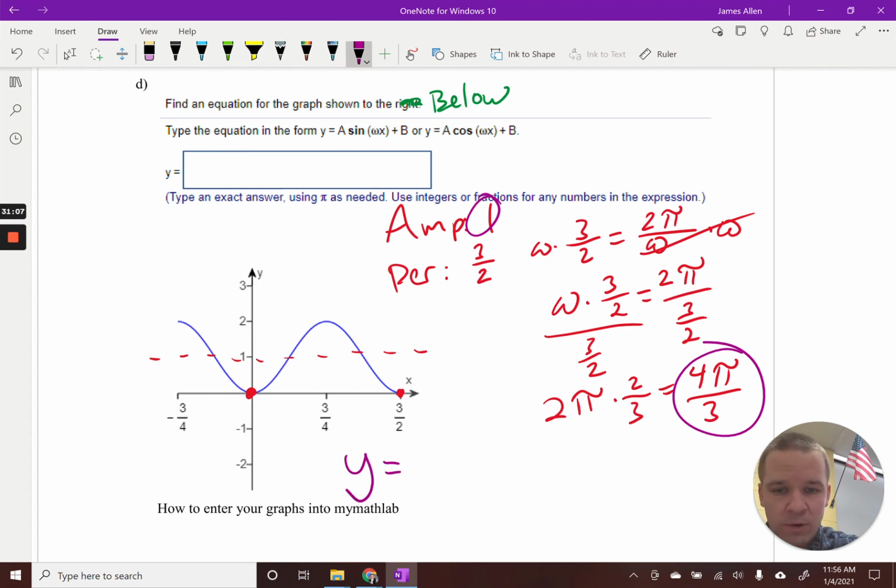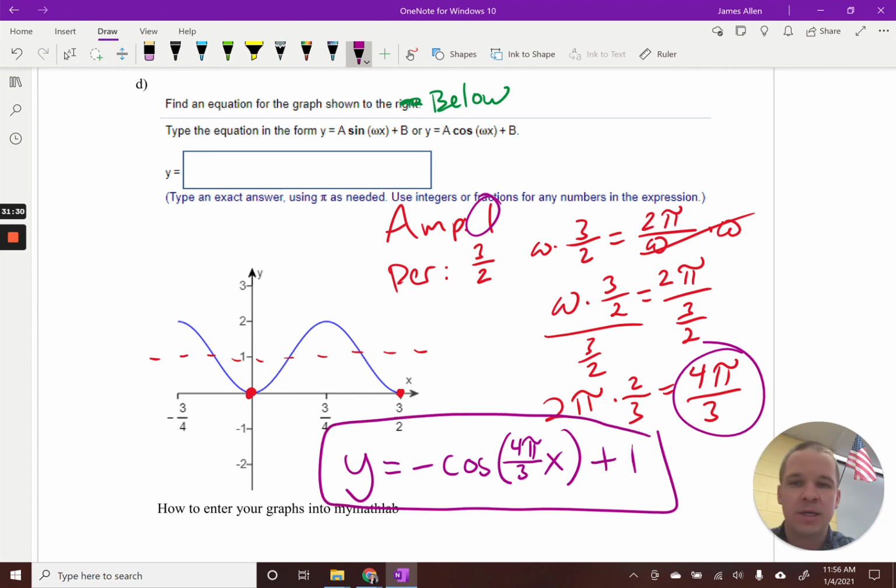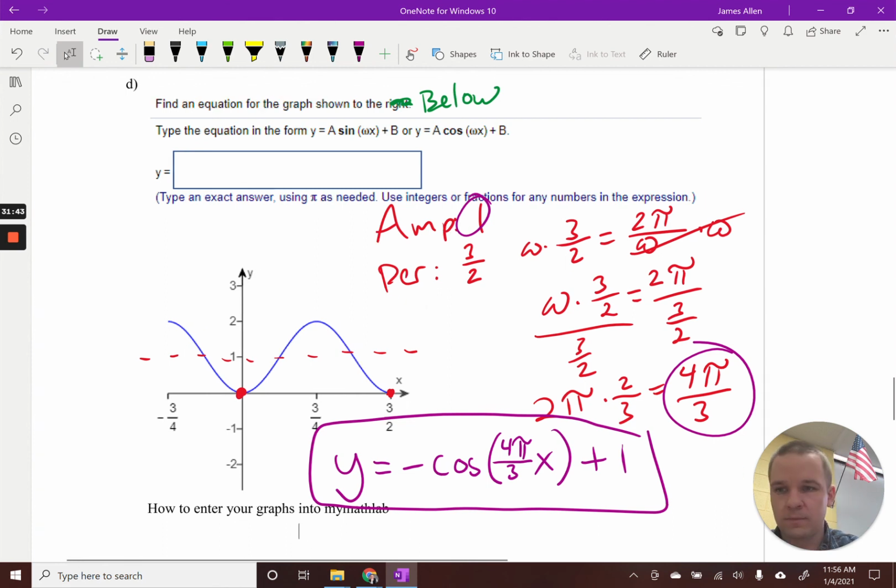So y equals negative, and then our amplitude was 1, so just cosine of 4 pi divided by 3, and then we're using x per the book, and then that midline's plus 1, so plus 1, and that would be how I'd enter it into my math lab. Awesome. Fantastic. No need to include the 1 for the amplitude. I don't know if it would mark it wrong if you included it, but if it's a 1 for my amplitude, you wouldn't write it there.